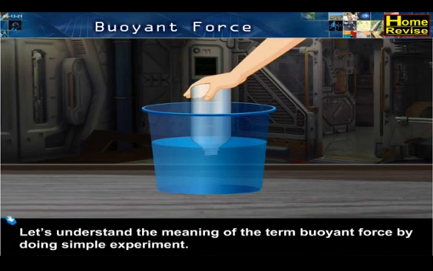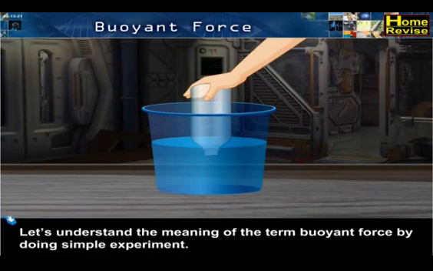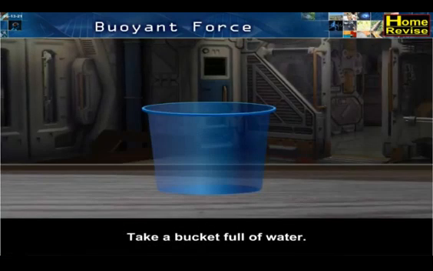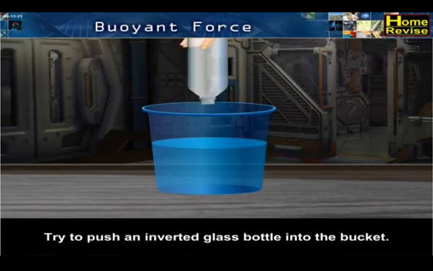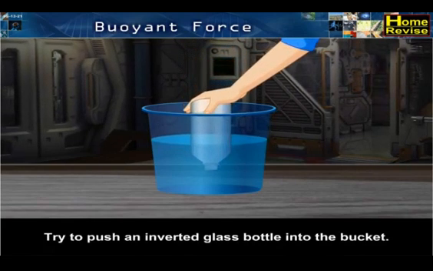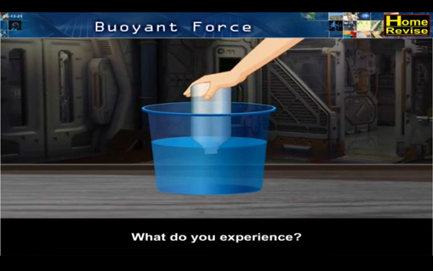Let's understand the meaning of the term buoyant force by doing a simple experiment. 1. Take a bucket full of water. Try to push an inverted glass bottle into the bucket. What do you experience?